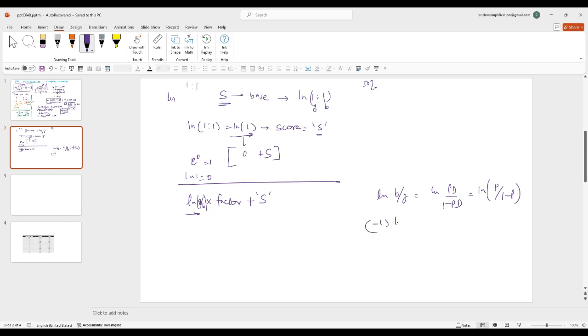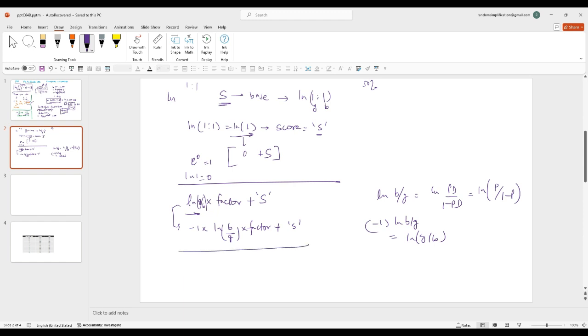So -1 times log of bad by good will be equal to log of good by bad through simple logarithmic calculations. Effectively, this can be rewritten as -1 times log of bad by good, which is the model output, times the factor plus a base score S.